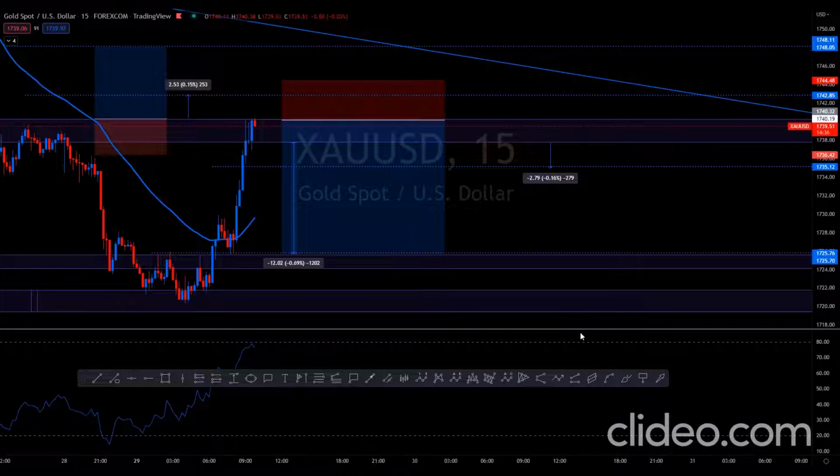Is that a retest or a drop? Might be a drop, but it looks like it's retesting. It's like a drop.